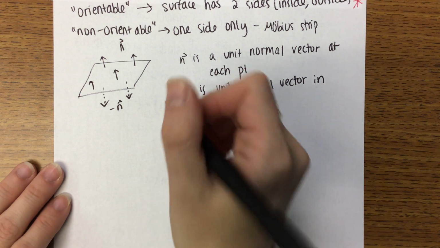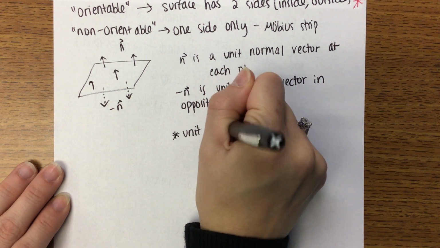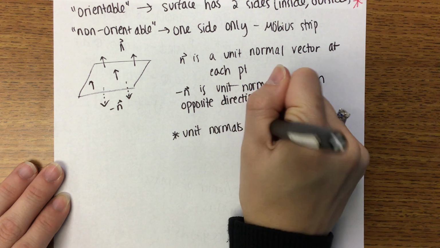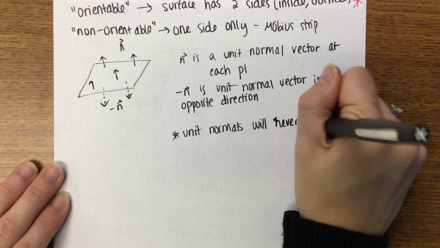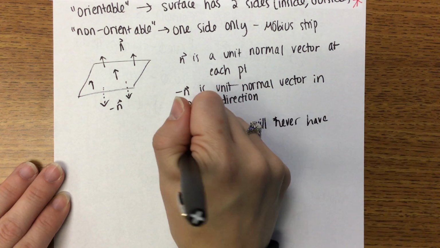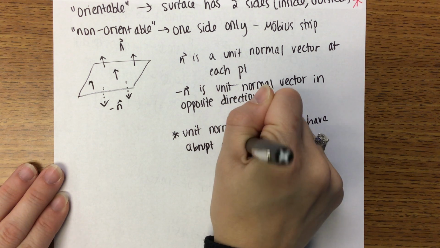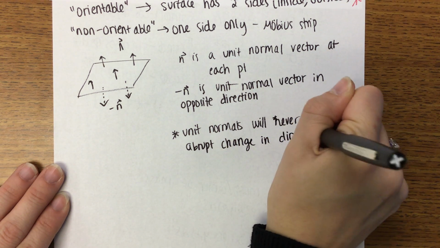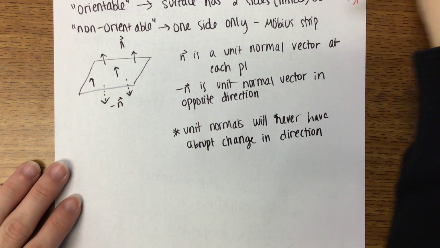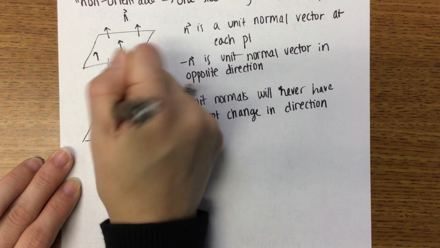Okay, one thing that's important to know is that those unit normals will never have an abrupt change in direction. So for example, you're never going to see something like this.